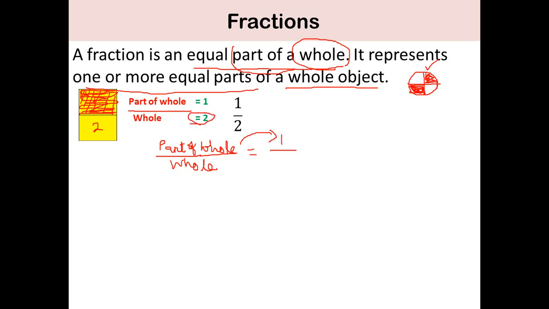I have already written. So instead of whole, I will write 2. Now this is the fraction. This is 1 by 2 or 1 upon 2 or 1/2 also you can say. Right?